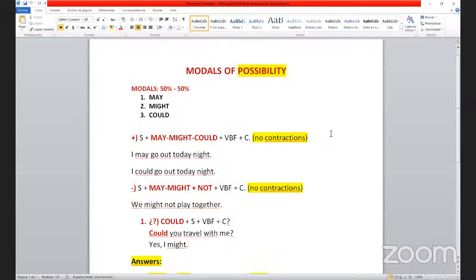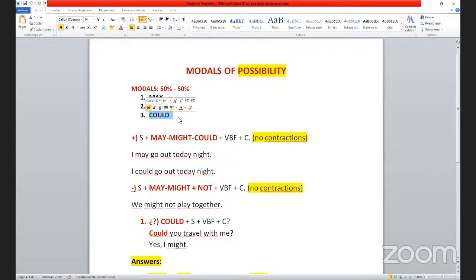Okay, modals of possibility. Let's start with this first. When we talk about possibilities, we are talking about, for example, these 3 modals, which are the most important. We have may, might, and could as modals of possibility.